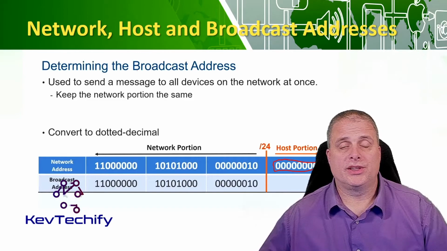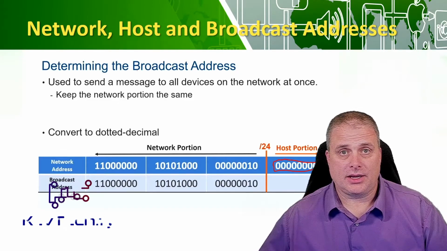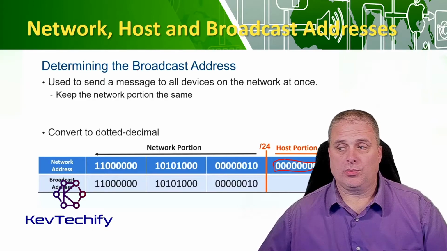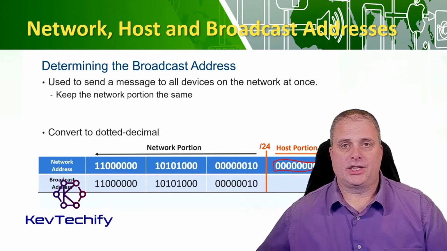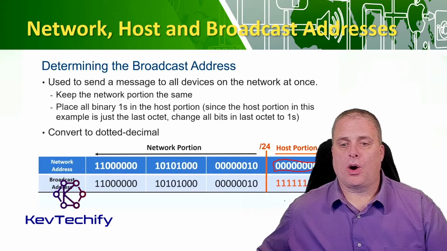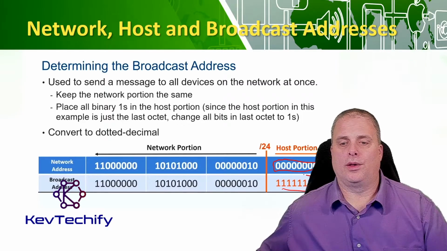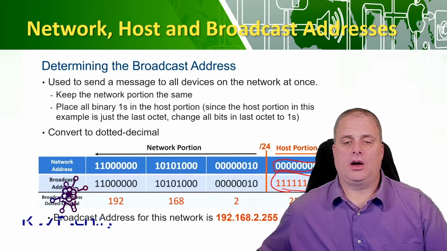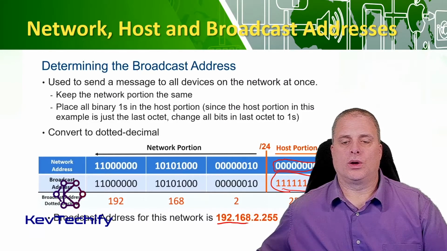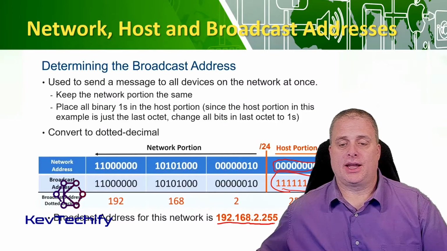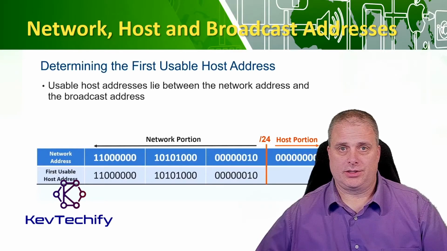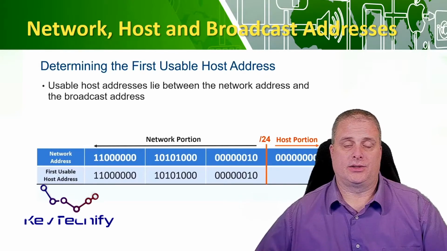Since the host portion in this example is just the last octet, to determine the broadcast address, we keep the network portion the same and change the host portion to all binary 1s. This results in a broadcast address of 192.168.2.255.